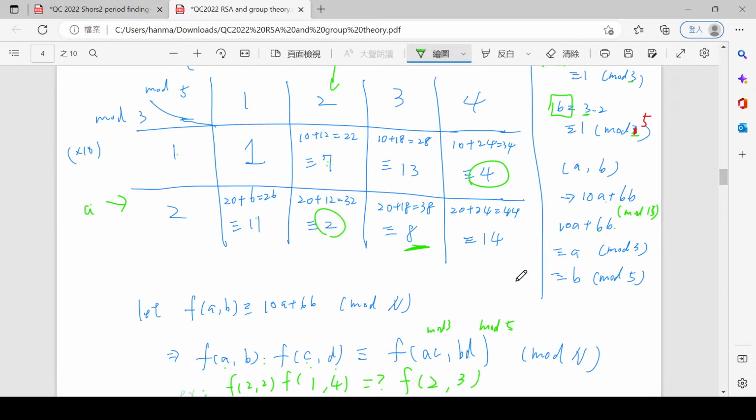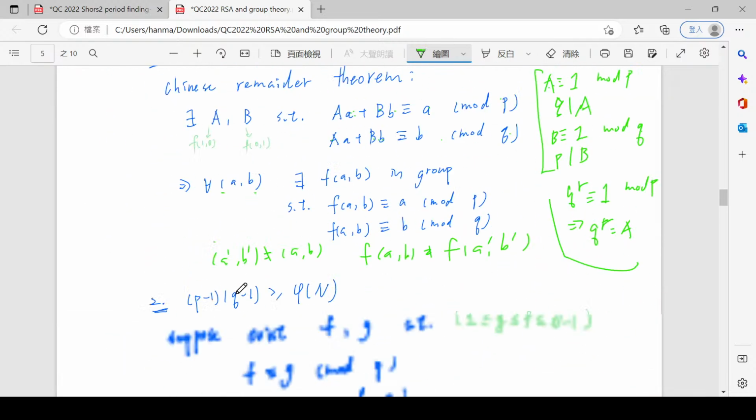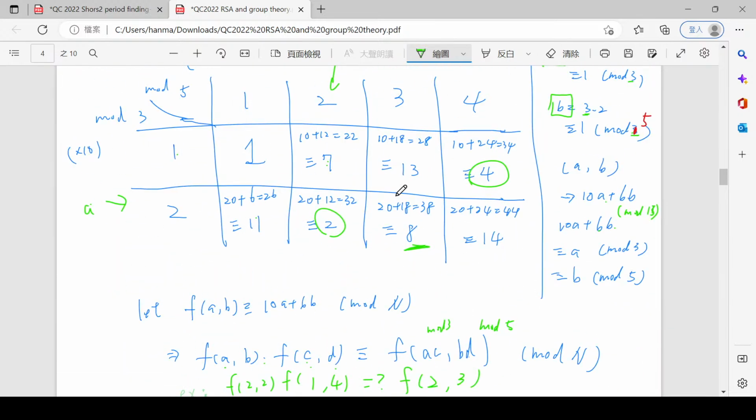So basically we want to prove this table is unique, because obviously everything can be put inside this table, right? Because you can take a remainder mod P and a remainder mod Q, and they must give some number. So what we are trying to say is, we prove that every slot must have one number, and every slot is different.